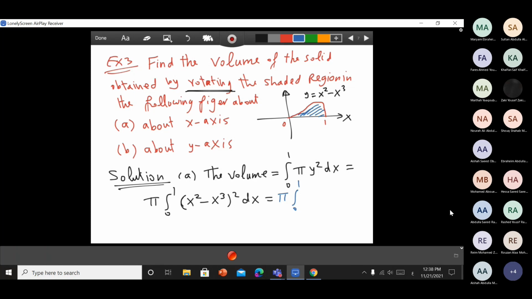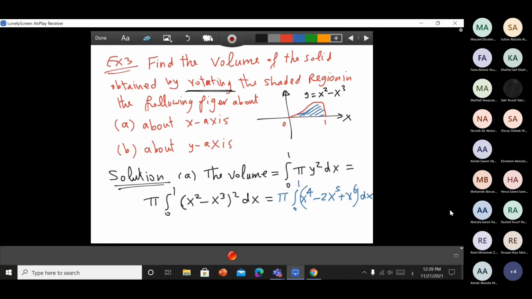The square of x squared is x to the power 4, minus 2 times x squared times x cubed, which is x to the power 5, plus x cubed squared, which is x to the power 6, dx. This is how to expand it: if you have x plus y squared, this will be x squared plus 2xy plus y squared. If you have minus here, you should have minus in the middle term.